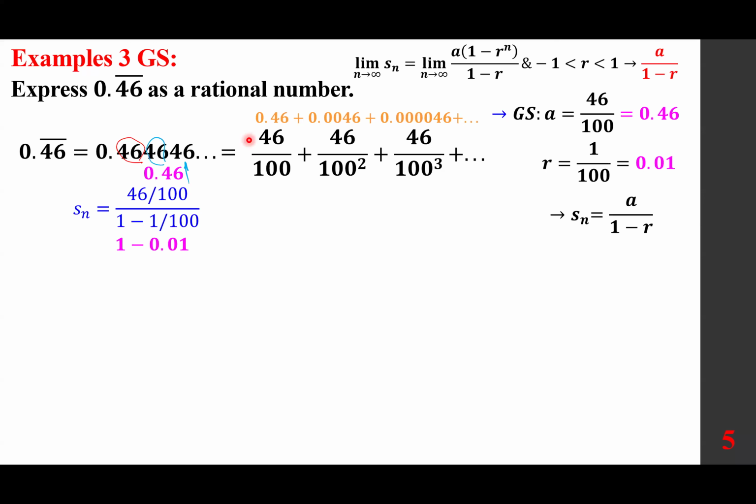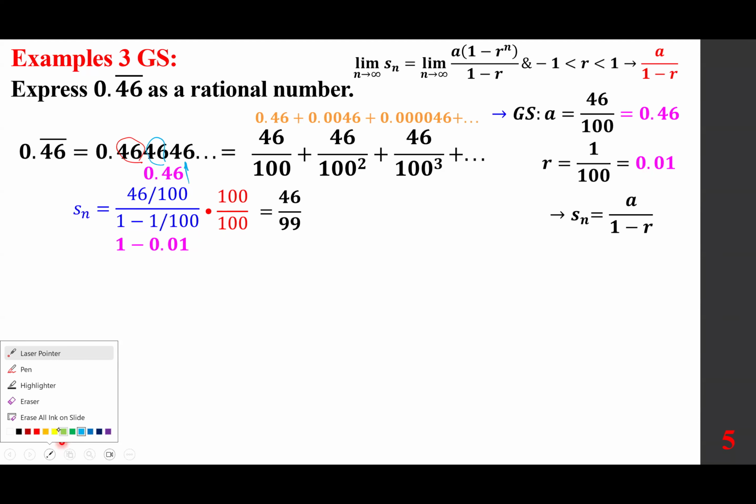So this is the first term over 1 minus 1 over 100, or the first term in the form of a decimal. Now, if you look at the fraction, it's a complex fraction, which means you have to multiply by 100. So you're going to multiply the top and the bottom by 100. When you multiply the top by 100, you get 46. When you multiply the bottom by 100, you get 100 minus 1, which is 99.